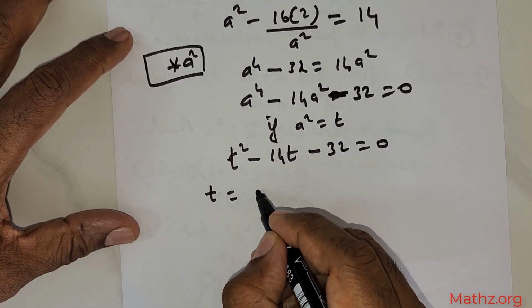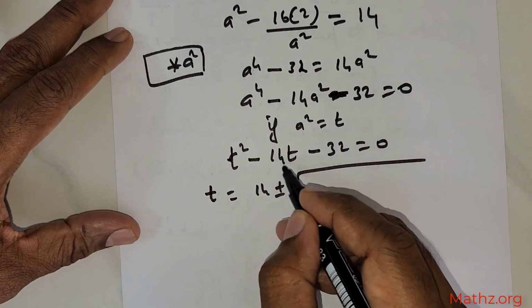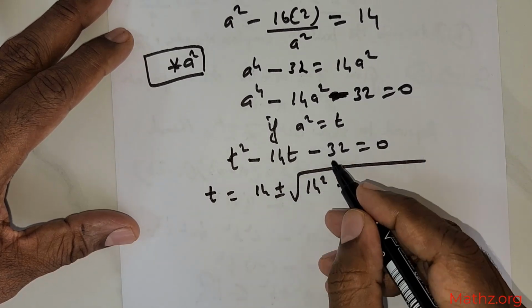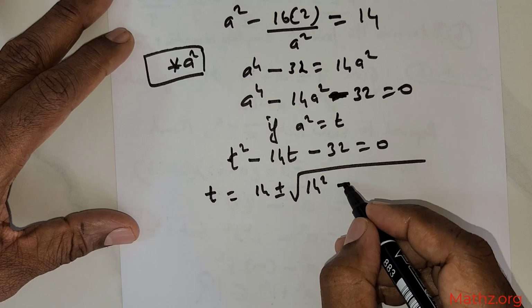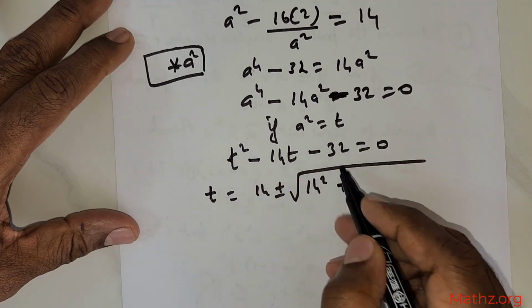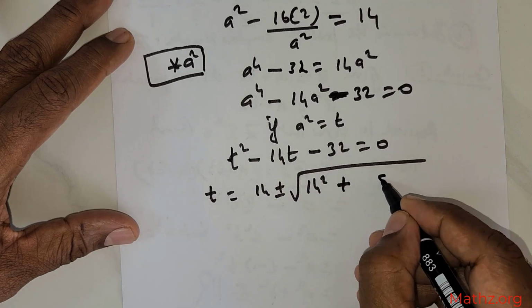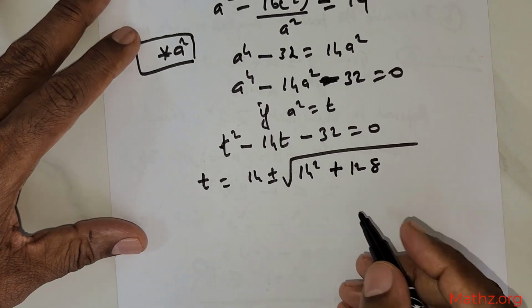So I have t is equal to 14 plus or minus root of 14 squared, negative times negative, that's positive, 4 times 1 times 32. 4 2s are 8, 4 3s are 12.